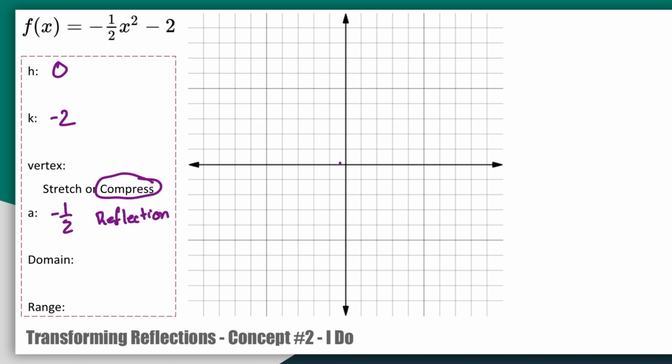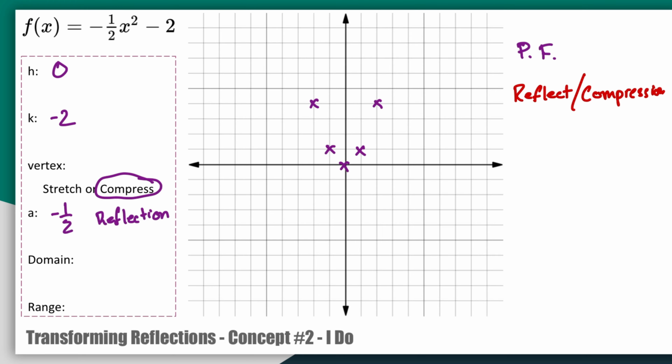So I'm going to draw the parent function in purple. So parent function is in purple. And then in red, I am going to do the a value, and I'm going to do the reflection and the compression at the same time.